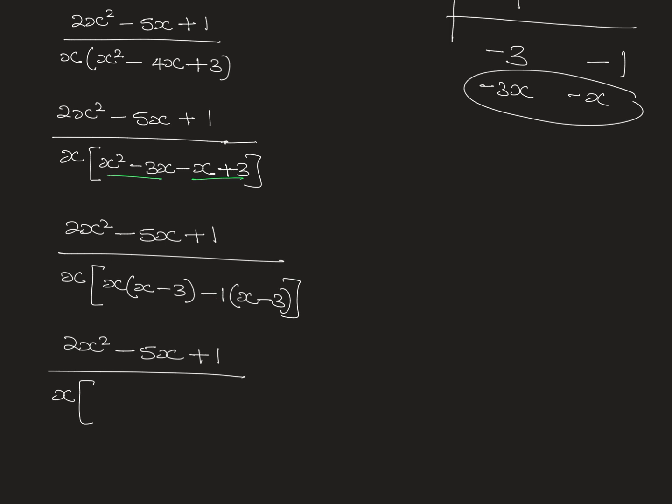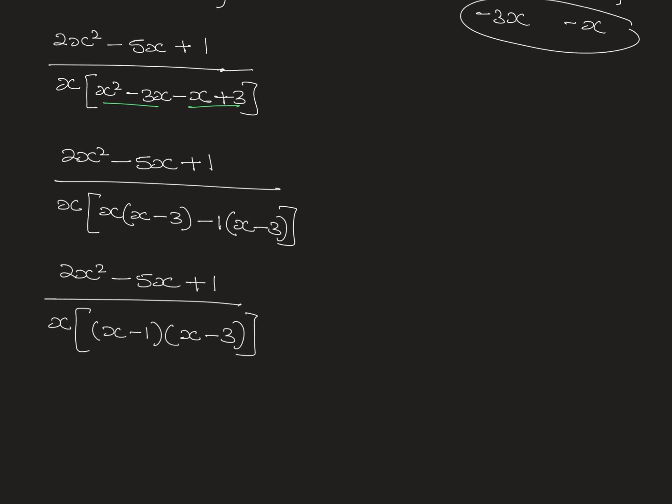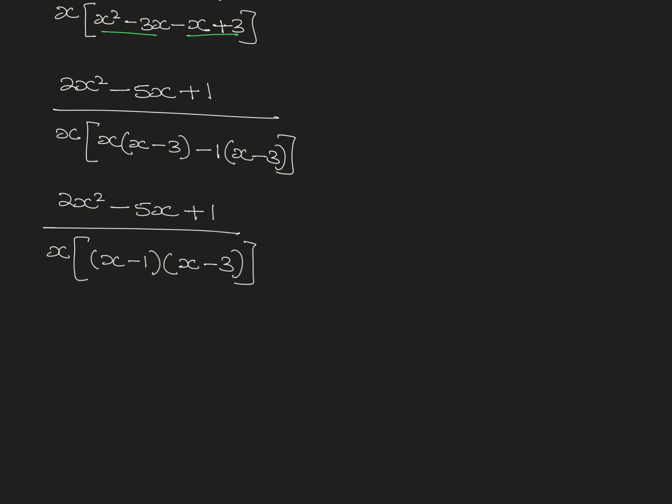So that is going to be (x minus 1) into (x minus 3). From this point, we can now solve towards obtaining the answer for our partial fraction, because all of these are linear individually. So x, x minus 1, x minus 3, they are all linear terms.